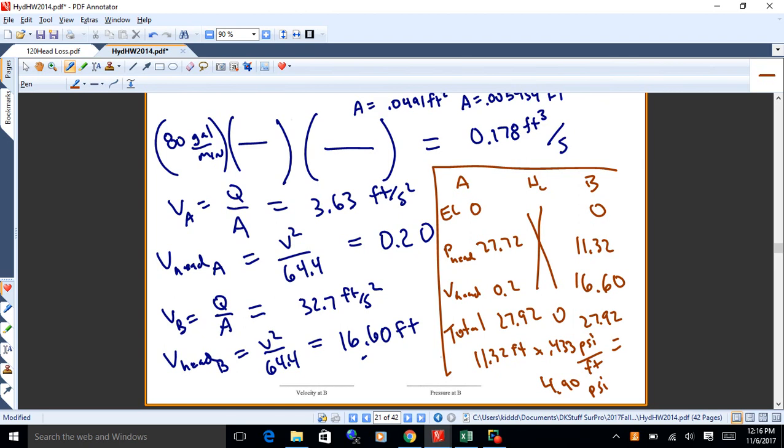Doing all right with that? What are you using for the velocity head for V? 32.7.